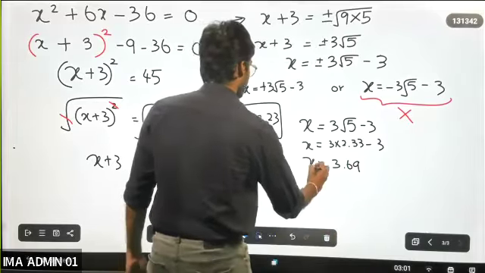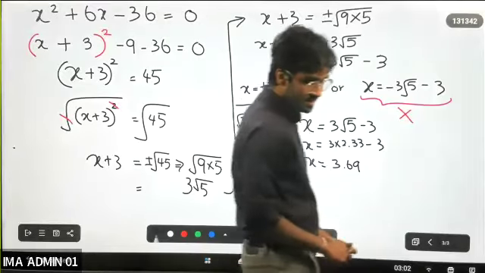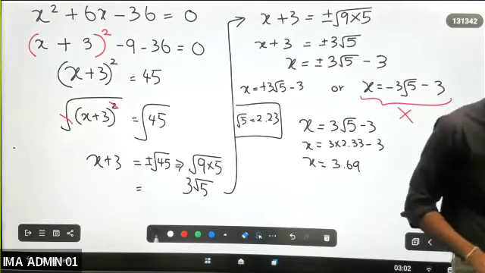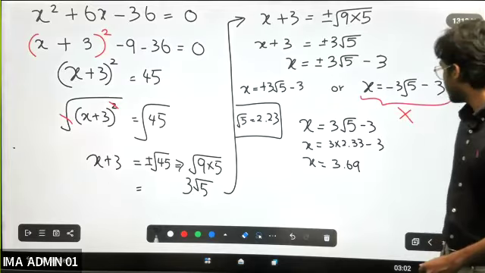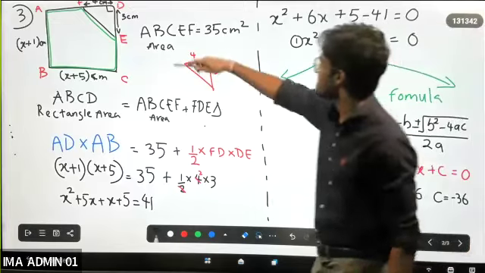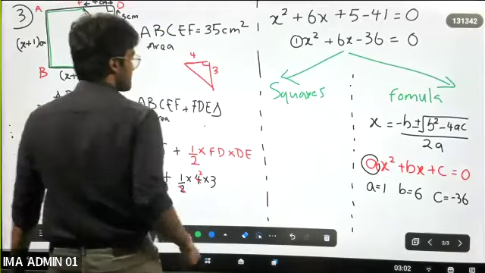So x will be equal to 3.69. But the question is not over, right? The question they are asking is to show that CE exceeds 1.5 centimeters. So what is CE? This, right? Yes, CE is this.